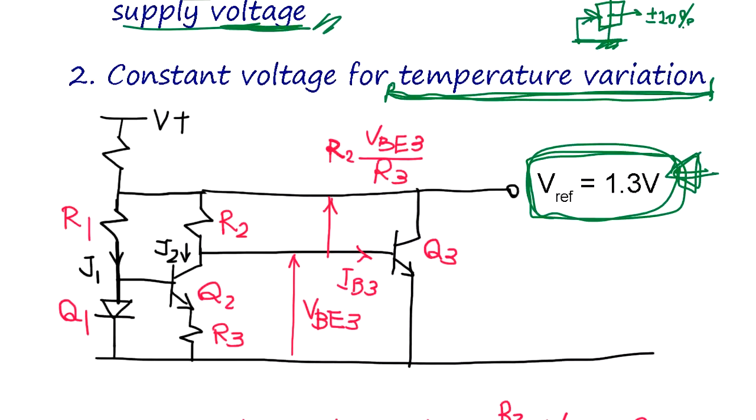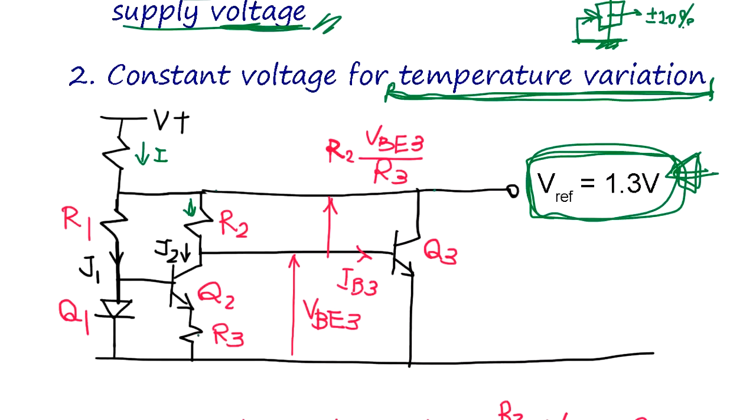But basically what you do is we provide a current, and no matter what the current is, this voltage depends on R2, the current here R2, right? And that depends on this.